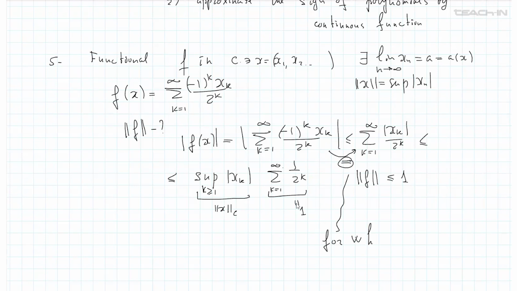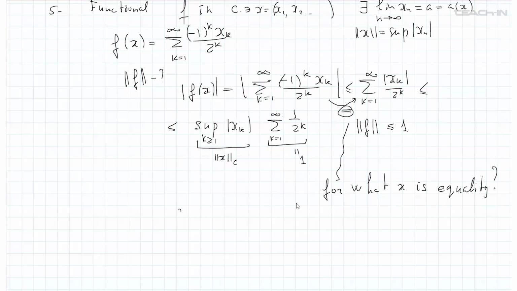For what x is there equality in this place? Of course, the equality will hold if we take this sequence: -1, 1, -1, 1, -1, in order to obtain the same signs for each term.